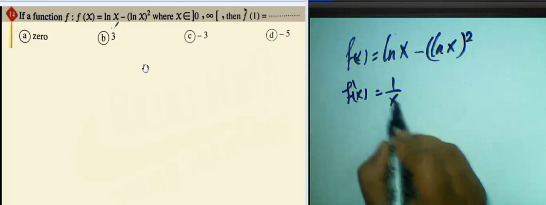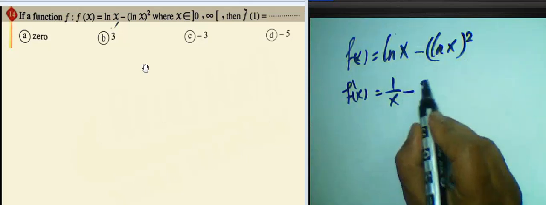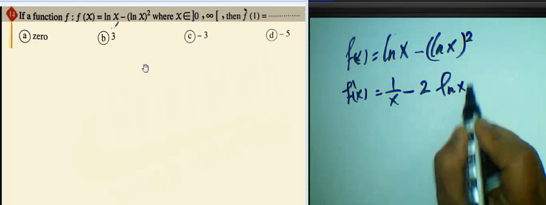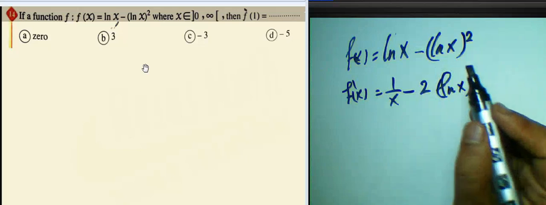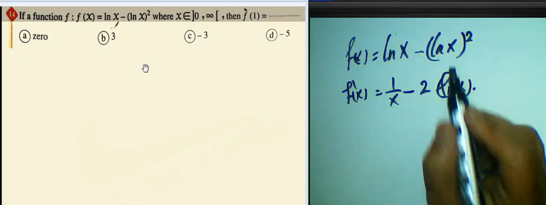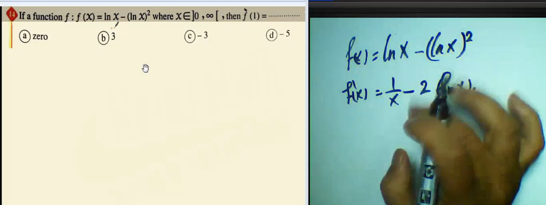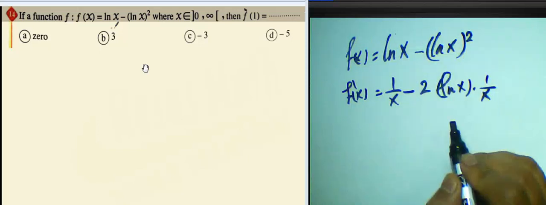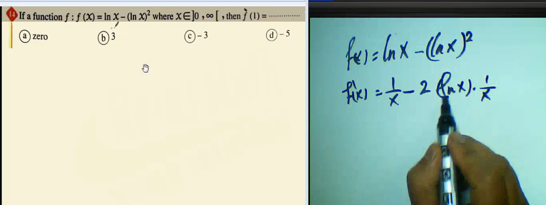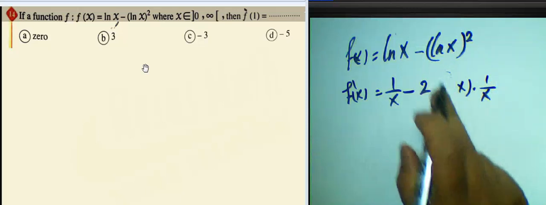It will be 1 over x here, and we can drop the power here, multiplying ln of x. The derivative of ln of x will be 1 over x.